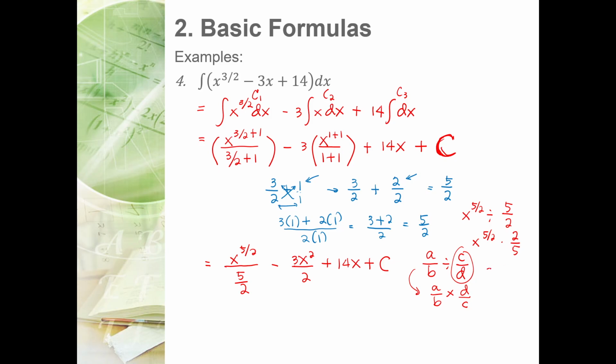So the resulting answer is 2x to the power of 5 halves all over 5. So of course the final answer is 2x to the power of 5 halves all over 5 minus 3x squared all over 2 plus 14x plus c.